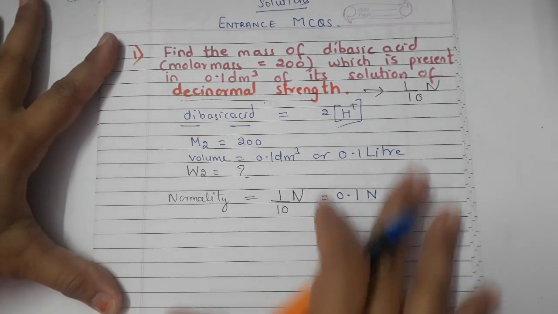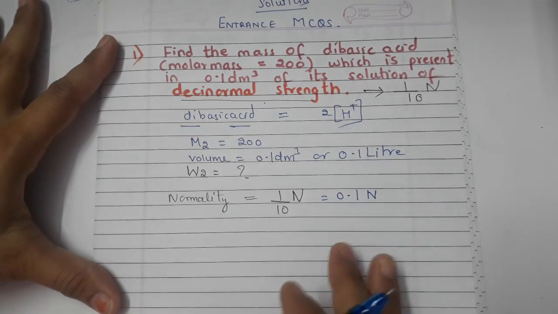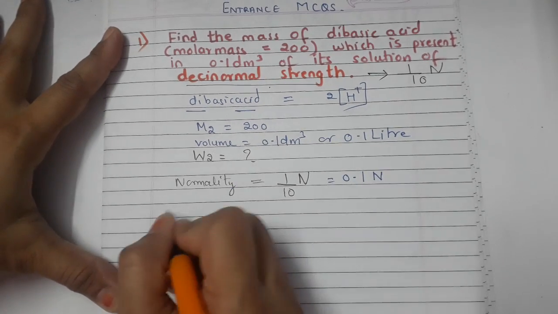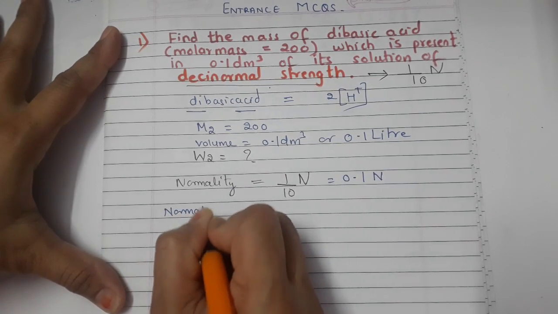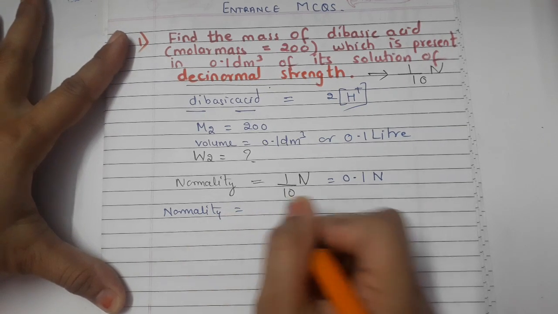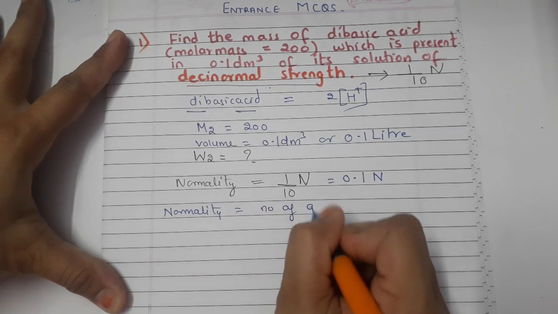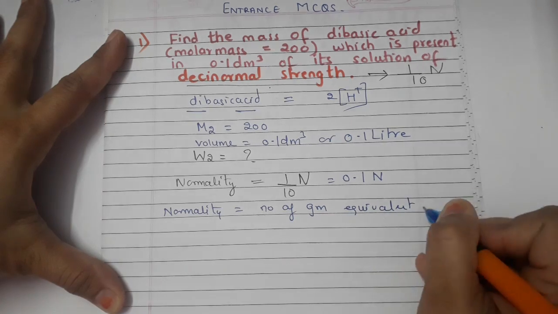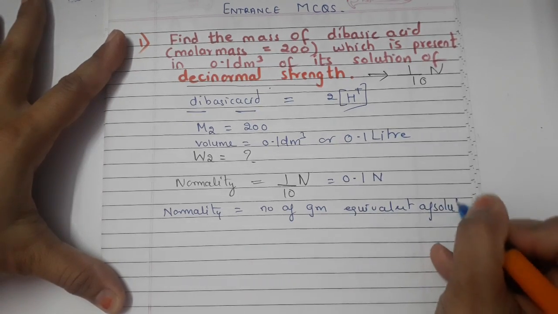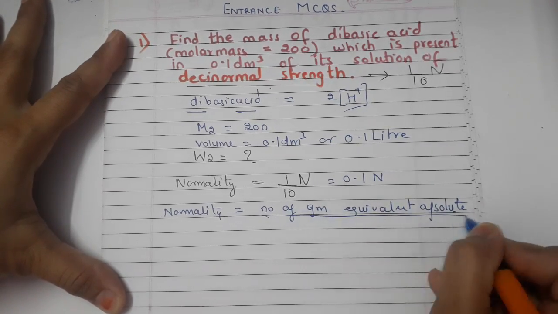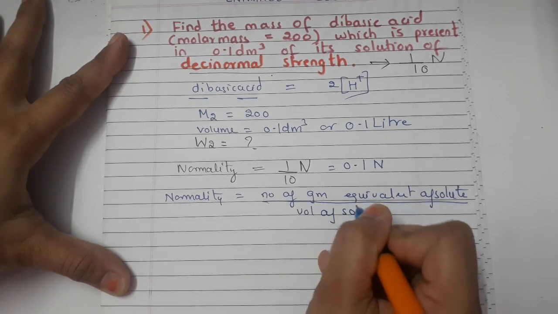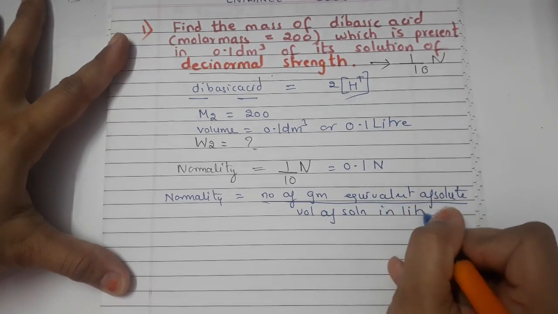Looking at the information given, we have to make use of the normality formula. What is the formula of normality? Normality is equal to the number of gram equivalents of solute, in this case our solute is the acid, upon the volume of solution in liters.